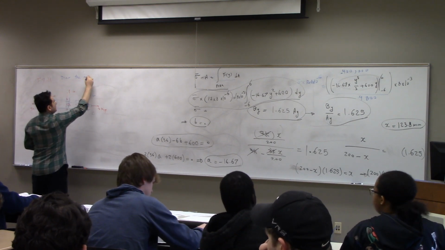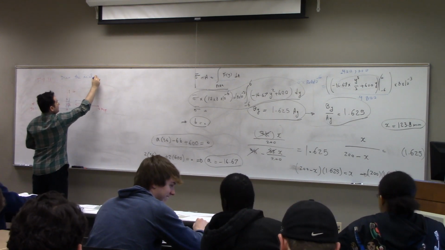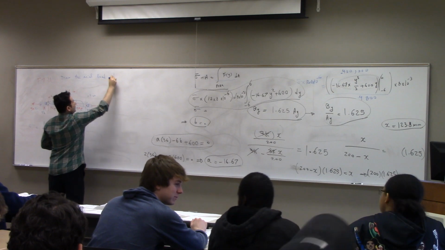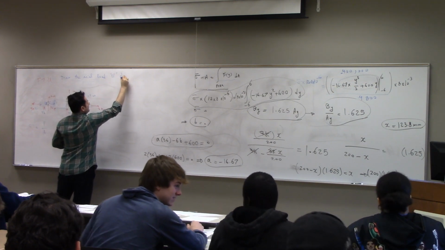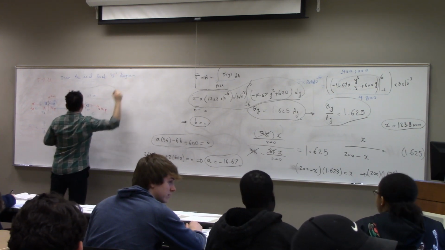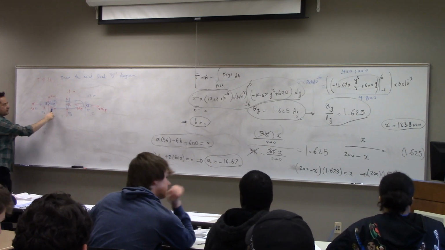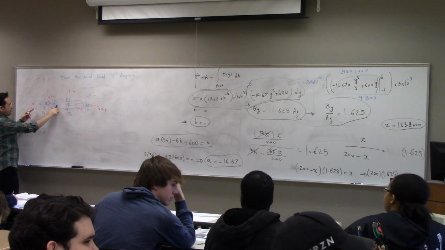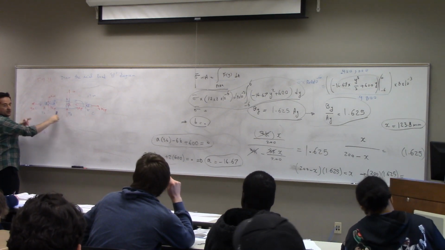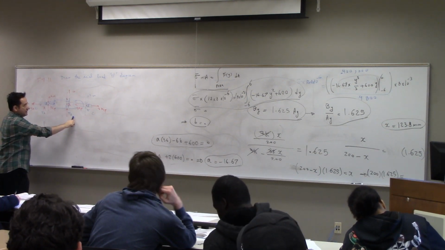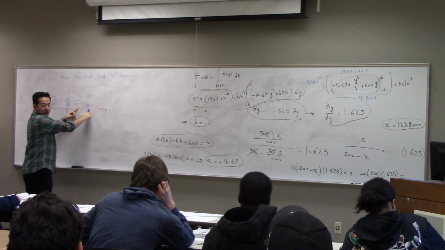So here, you have to draw the axial load diagram first. Here is 3K, from here to here. But from here to here, you have a 9 and a 3. 9 minus 3 is 6. And then you have some change here.